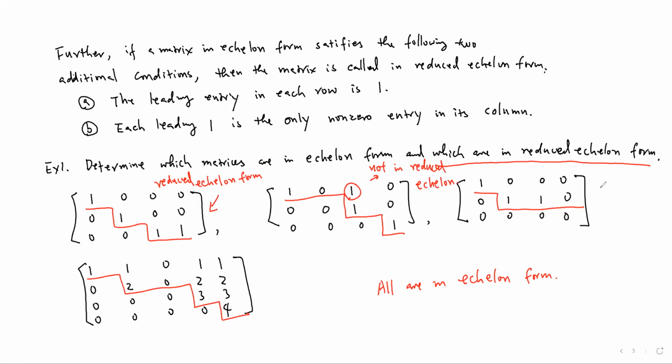How about this one? Yes, this is in reduced epsilon form. We cannot further introduce any more zeros into the matrix.